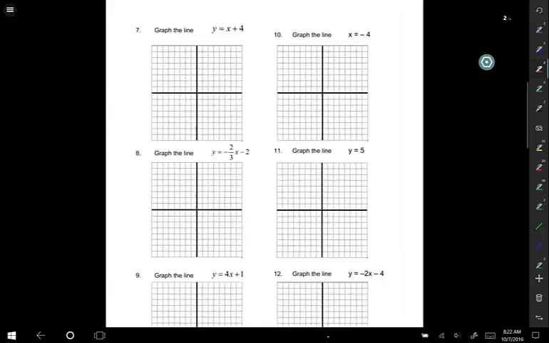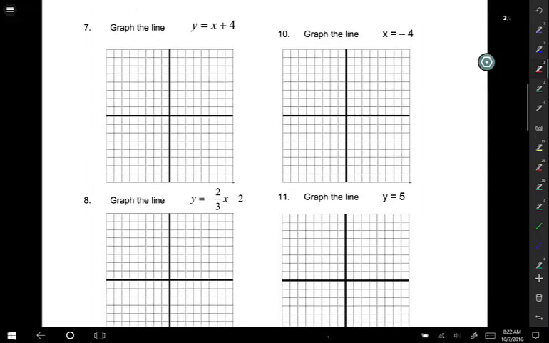How quickly can we do these? All right, go ahead and do them with your partner. I'll do them up here. And if you get stuck, just look up.